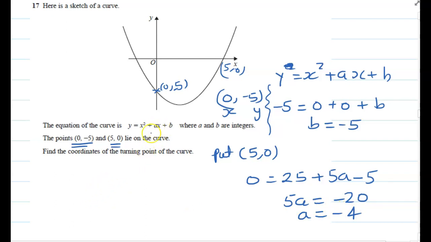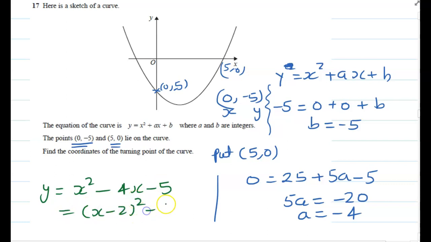So if we put the value of a and b here, y equal to x square, a is minus 4, so it will be minus 4x, and b is minus 5. And we can write this, completing the square, as x minus 2 square minus 9.